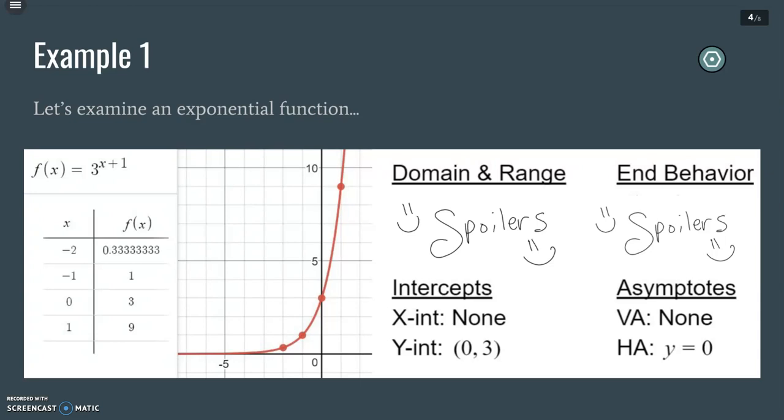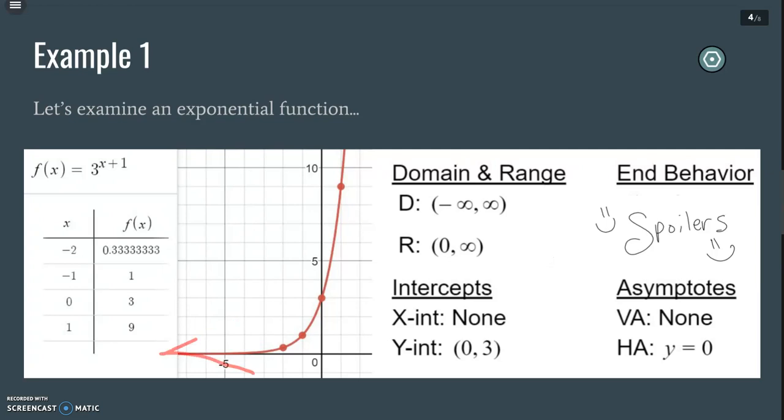Now, how does that affect our domain and range? Well, if there is no vertical asymptote to speak of, then our domain is free to roam. But the horizontal asymptote is going to affect our range. Because my function is forever decreasing and my function is forever increasing, my x values go from negative infinity to positive infinity.